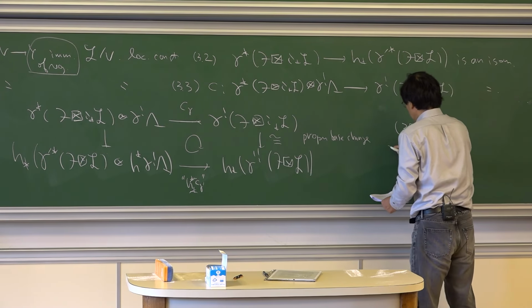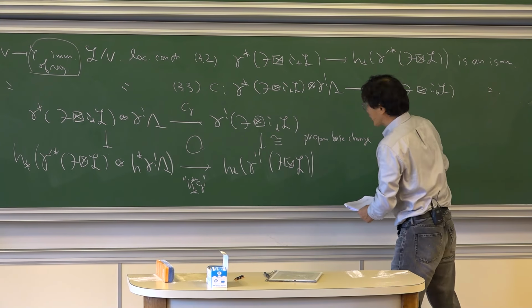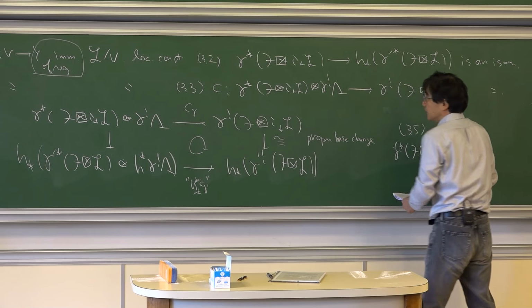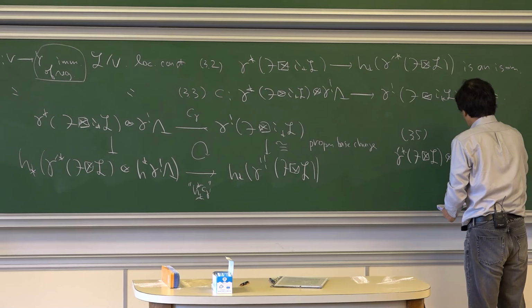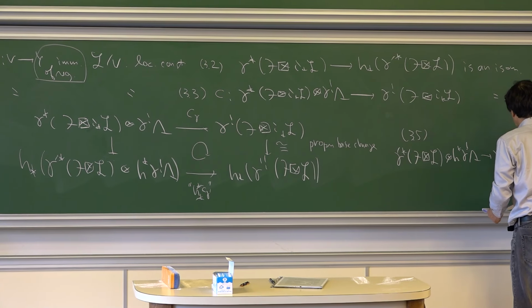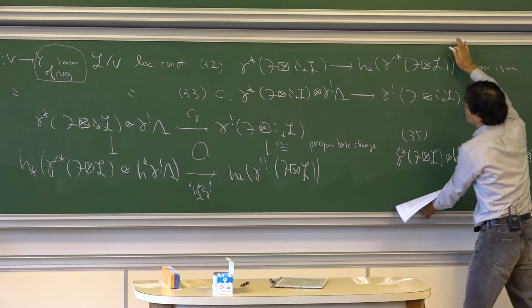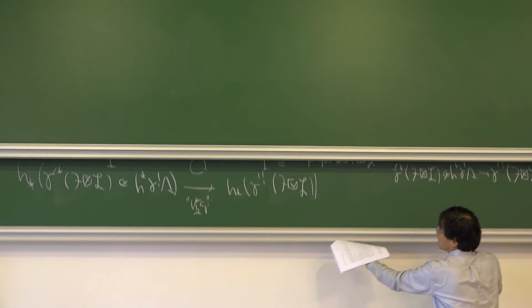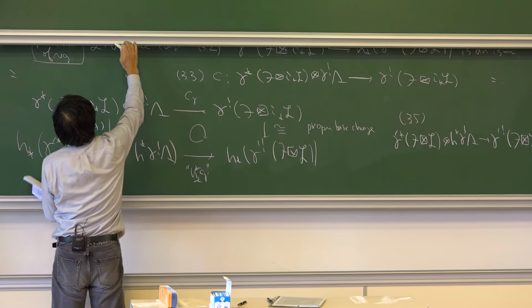So H is gamma prime star F tensor H star gamma shriek lambda going to, okay. And let me call this A.